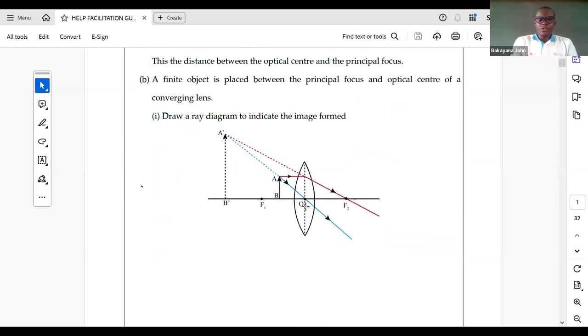So we all know that when you place an object between the optical center and the focal point F, what kind of image do you expect?